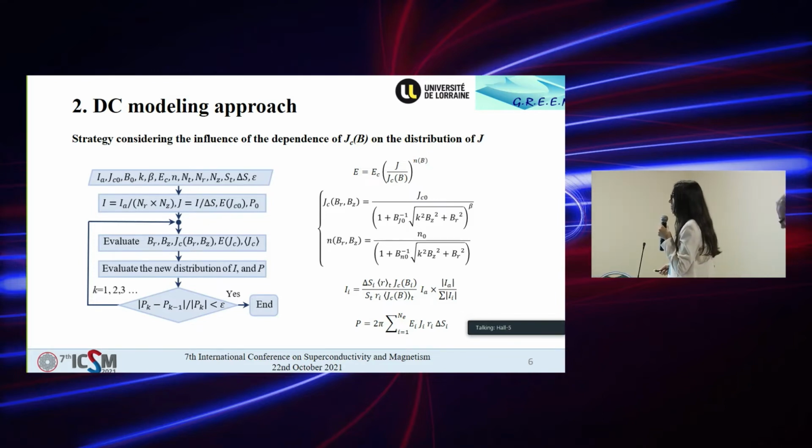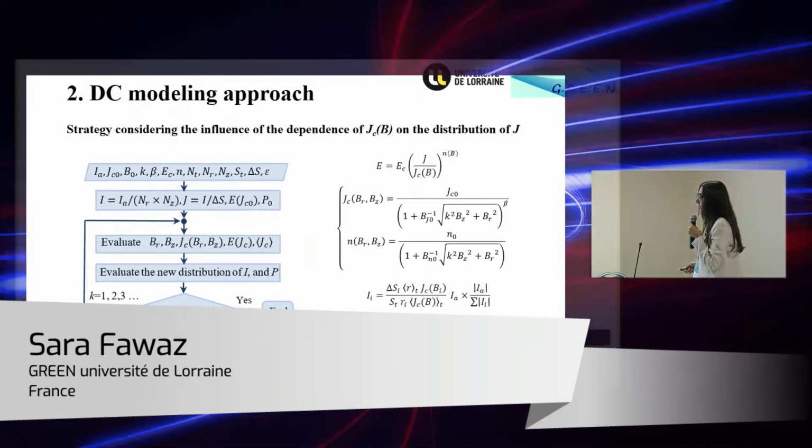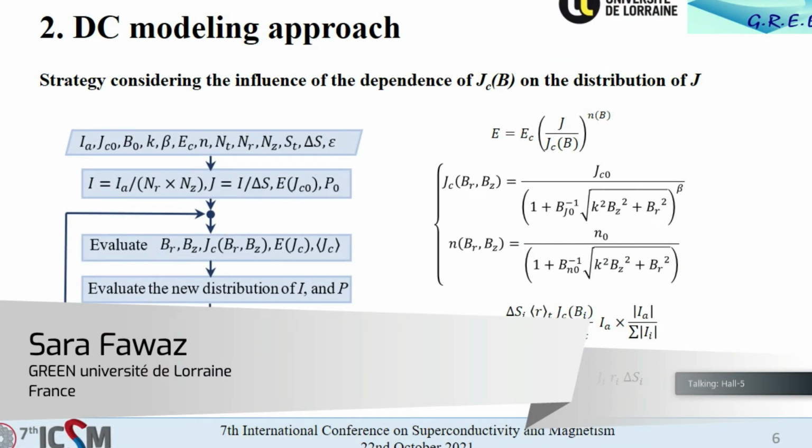This is solved iteratively until convergence, using a stopping criterion based on the minimization of the power dissipated in the coil, which is given in this equation.